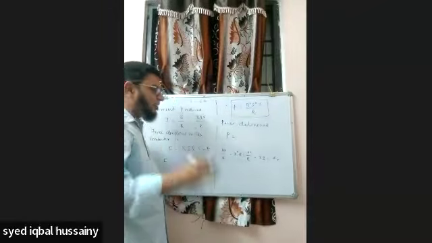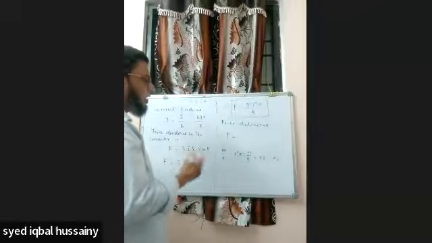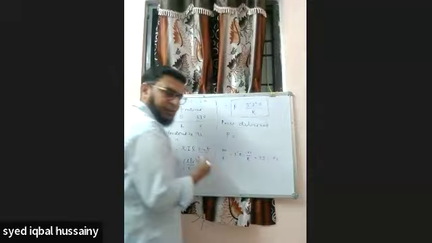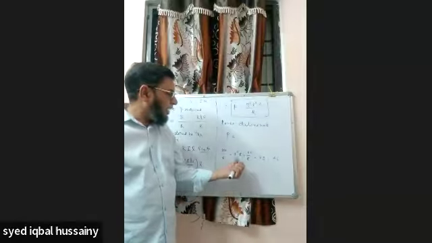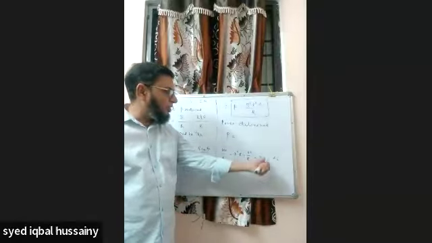P equals W by T, I square R, V square by R, VI, and FV. Who is that? Faliha. Very good, dear. So this many formulas I taught you. Power has 5 formulas: W by T, I square R, V square by R, VI, FV.